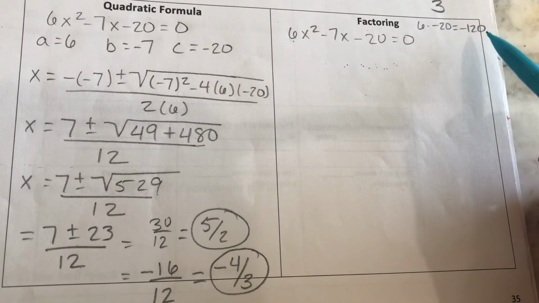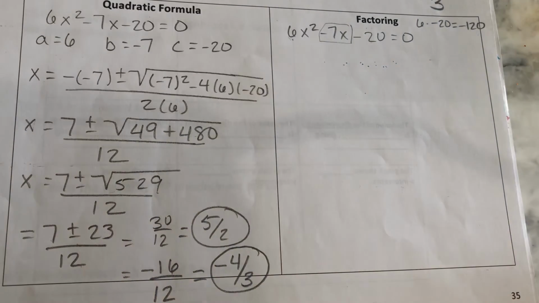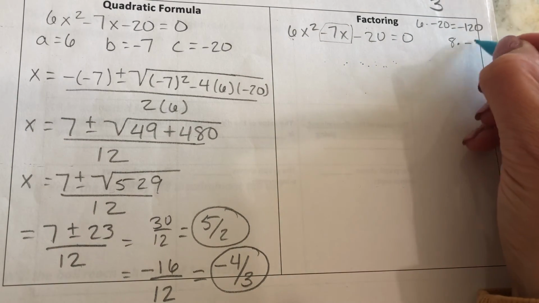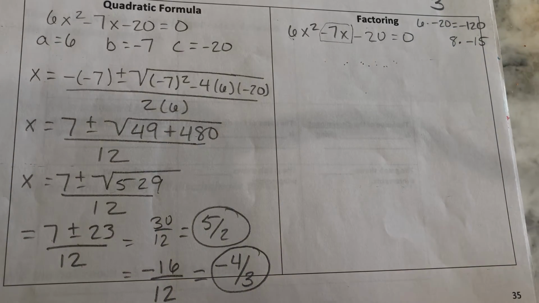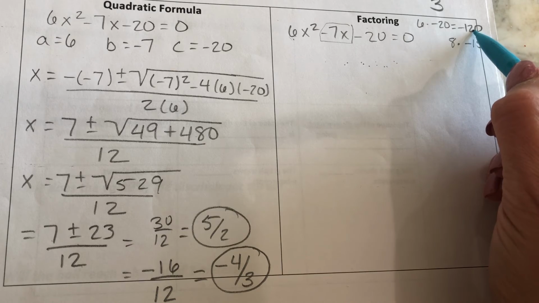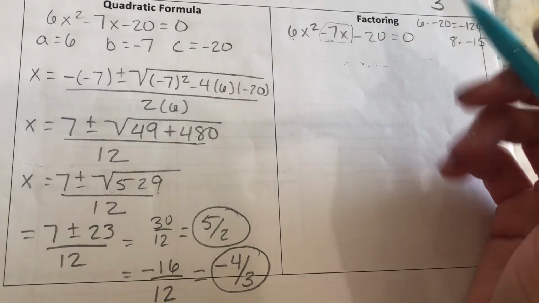Then we're going to find the factors of negative 120 that add to negative 7. After some work, we would find that that's 8 times negative 15. 8 times negative 15 is negative 120, but 8 plus negative 15 is negative 7.